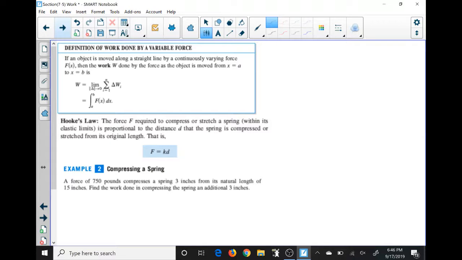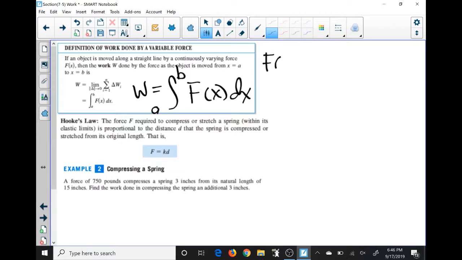It says if an object is moved along a straight line by a continuously varying force f of x, then the work W done by the force as the object is moved from x equals a to x equals b can be written as work is equal to the integral from a to b of f of x dx, where f of x is the force function. The force function is what we have to develop from applications, reading them and interpreting them.